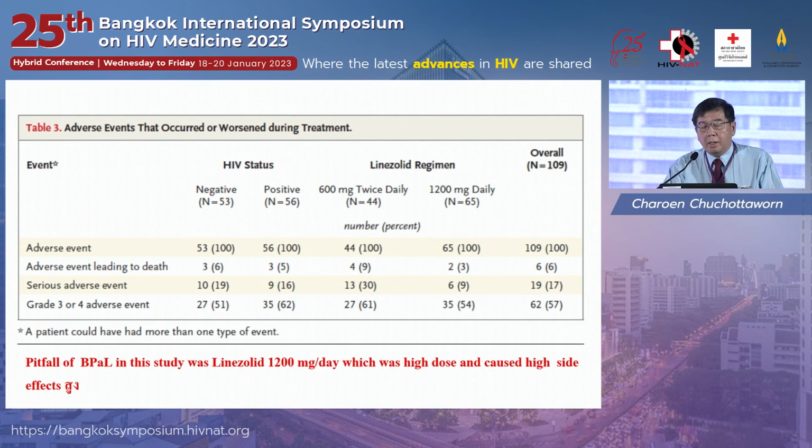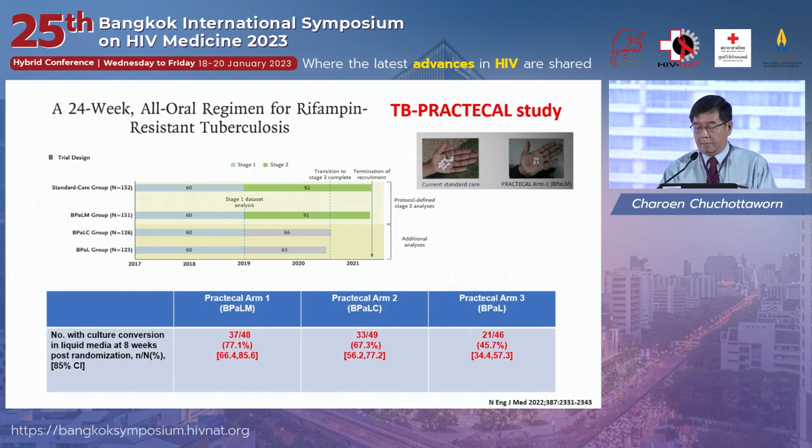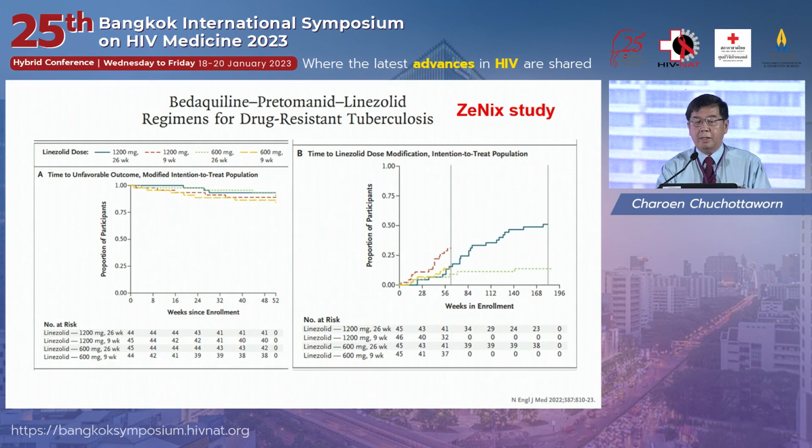So the point is that in this study they used a high dose of linezolid, 1,200 milligrams per day. That's the dose that we use in MRSA or other bacterial infections. The next study, shall I go back? The Zenix study was published, I think, early last year in the New England Journal.